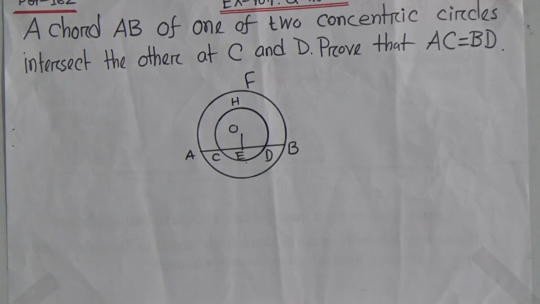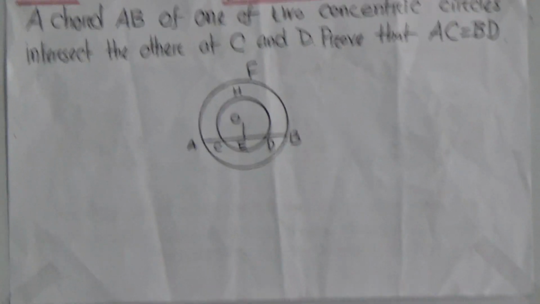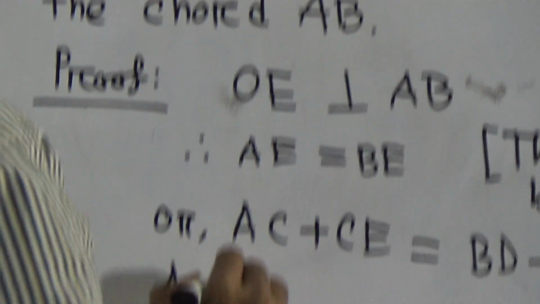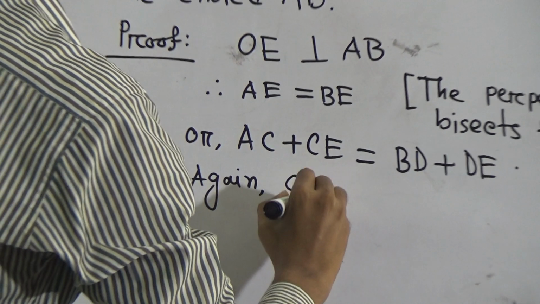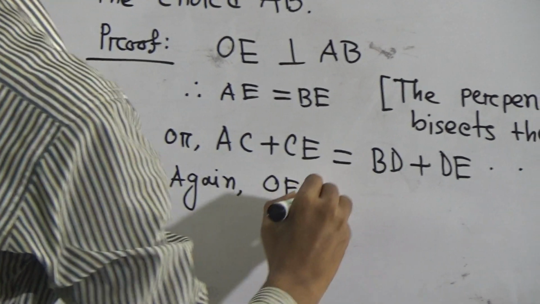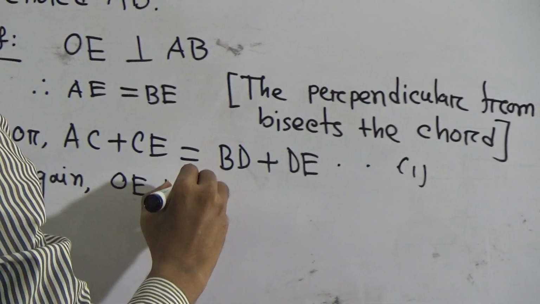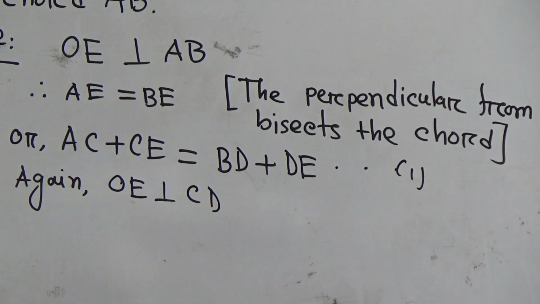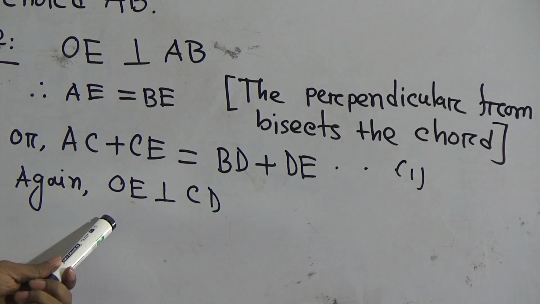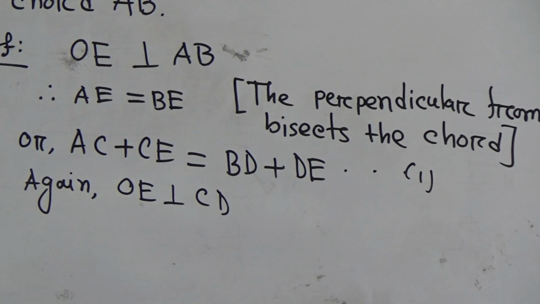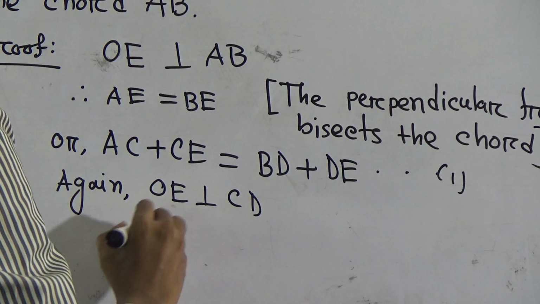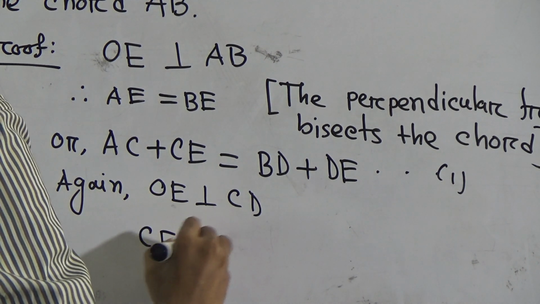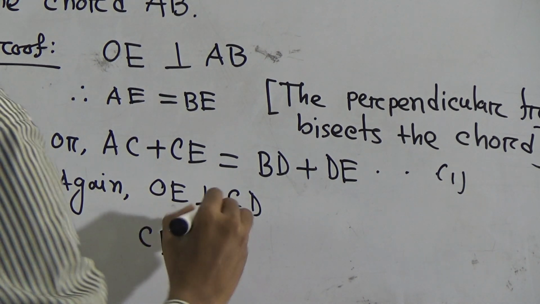Okay, now write here: OE perpendicular on CD. As OE is perpendicular on CD, therefore we write CE equal to DE.